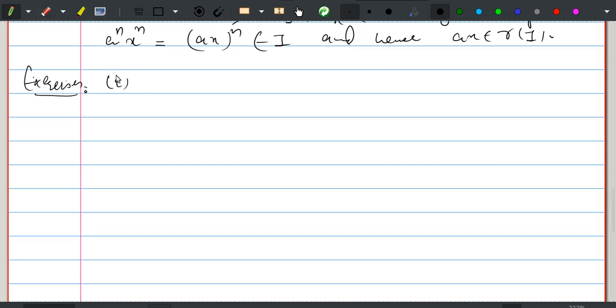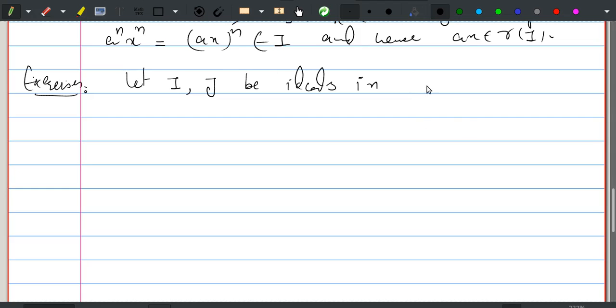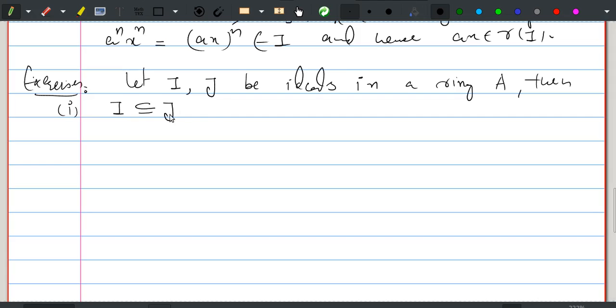Let I, J be ideals in a ring A. Then the first item is: I contained in J implies the radical of I is contained in the radical of J. This is the first exercise.